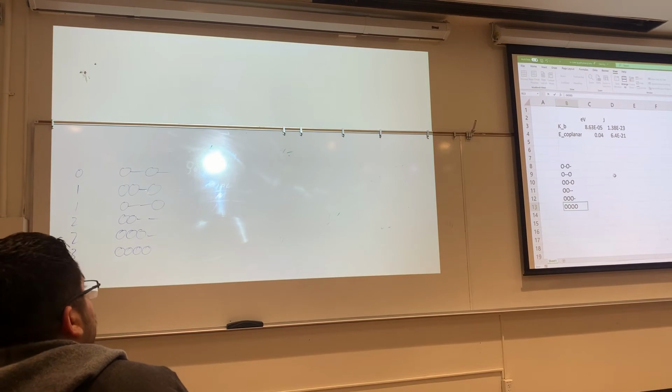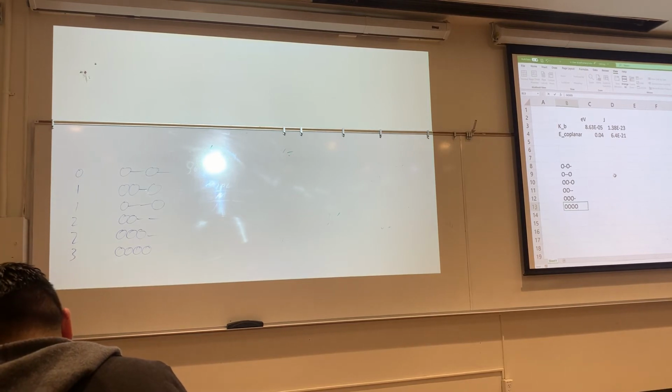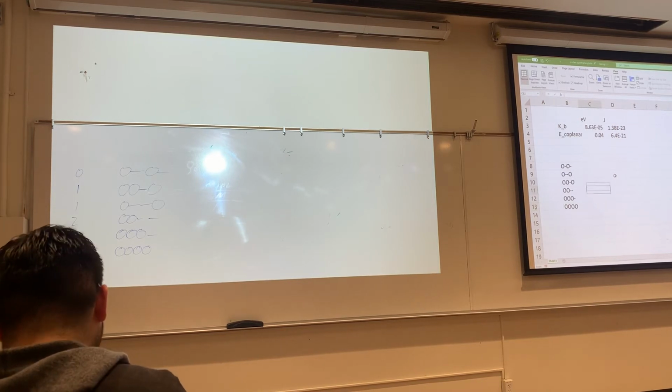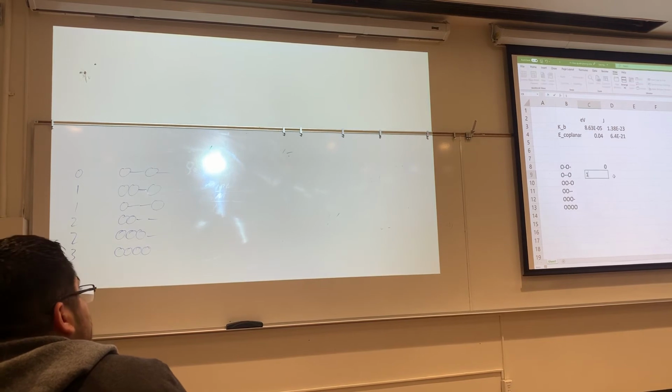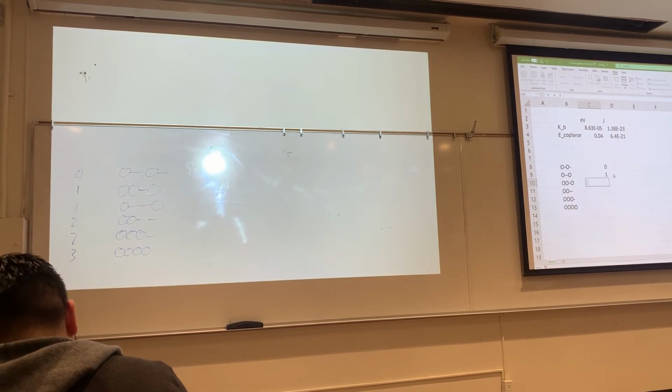Right? That were the 6 states which we had for our molecule, the same thing which you have on the board over there. And then over here we have 0 coplanar rings, and we have 1 coplanar ring, still 1 coplanar ring, 2 and 2, and here we have 3.